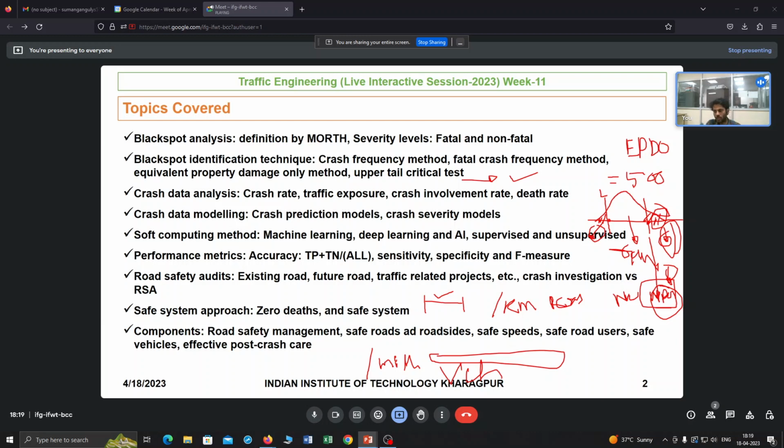Another thing: for a segment kind of scenario, such as national highways, the number of vehicles entering and exiting may not define your actual exposure, because some vehicles may be leaving at one point, some at another.